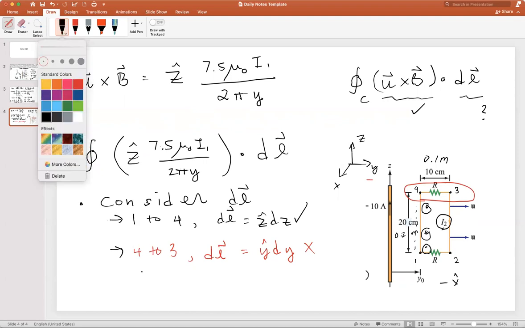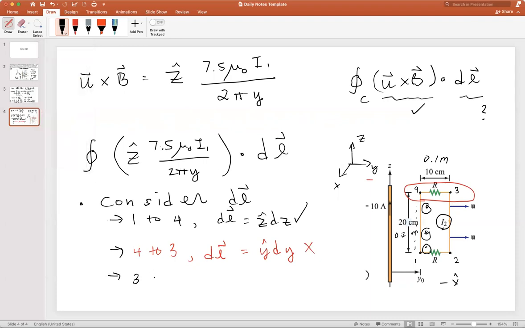How about from 3 to 2? From 3 to 2, again, we're going to be along the z direction, so this is going to contribute. And we will have the same dL, which is z hat dz.